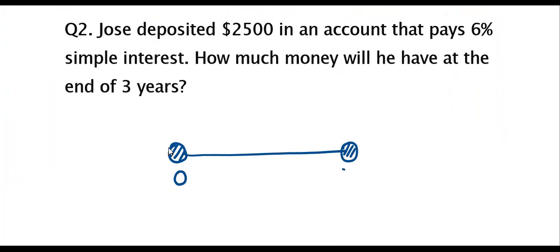This is your timeline. You write 2500. Make it a practice to write this way. 2500 in an account that pays 6% simple interest, i.e. 0.06 I can write. How much money will he have at the end of 3 years?